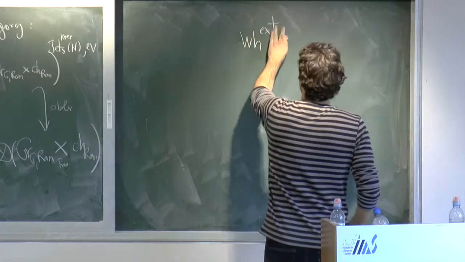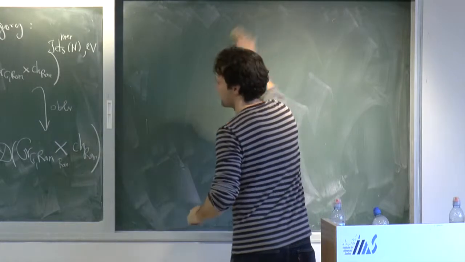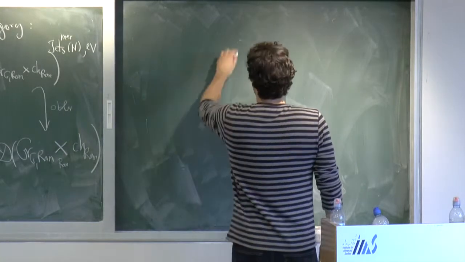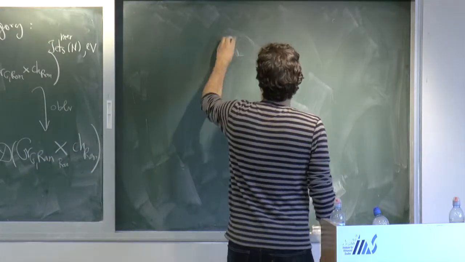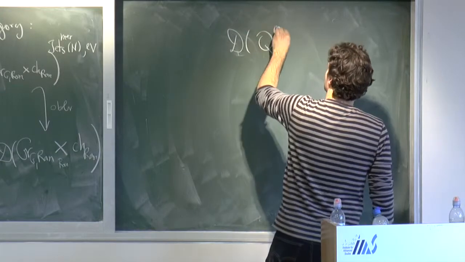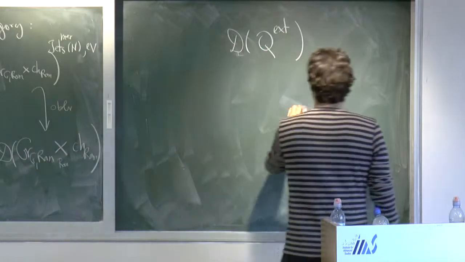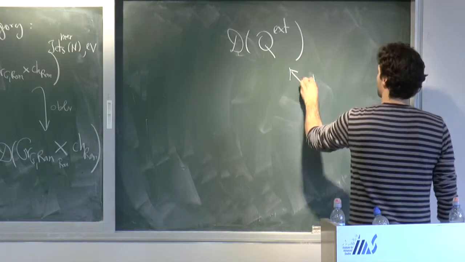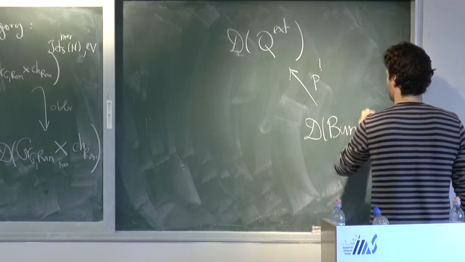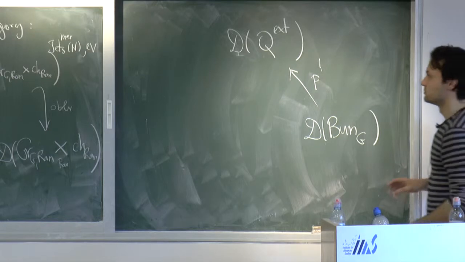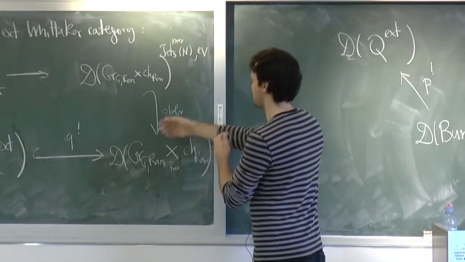We have the extended Whittaker category, and so let me write it this way. You have D-modules on Q X, and I certainly have a pullback map from D-modules on Bun G. And I also have a map, which I call oblivion because that's what Sam used yesterday.